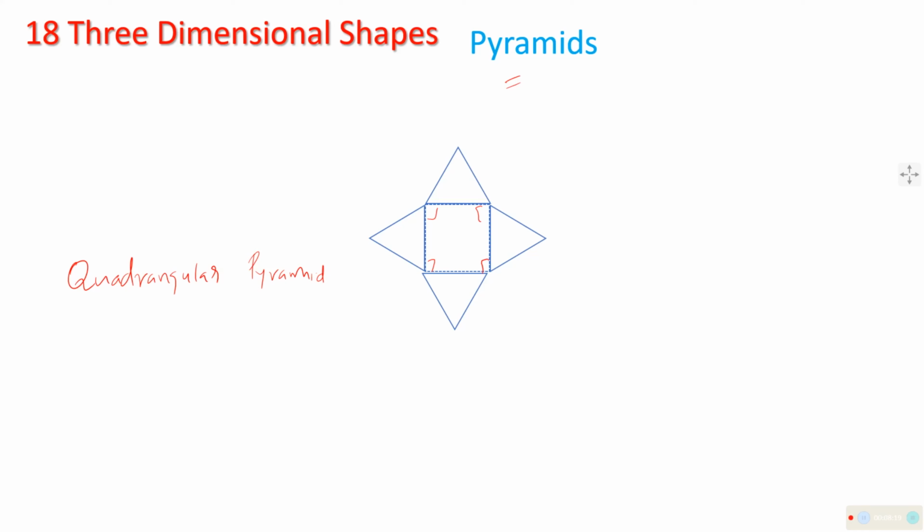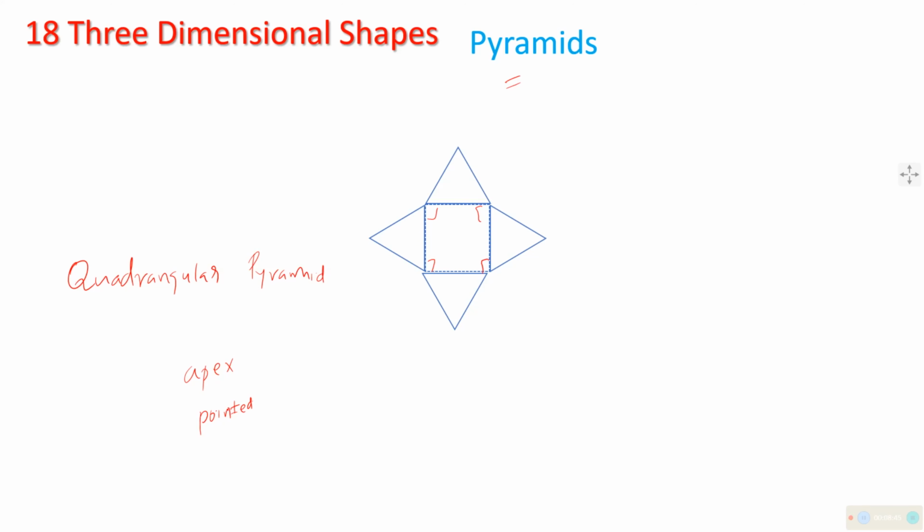We have to fold it properly, and the pyramid will have a top, or an apex, where you will see that it is pointed and all the sides meet. There will be a common vertex, a common apex. It will be pointed like a needle. These are peculiarities of a pyramid.